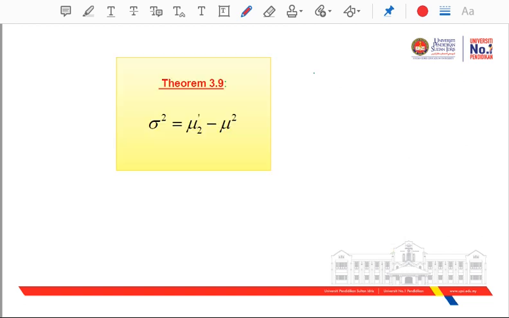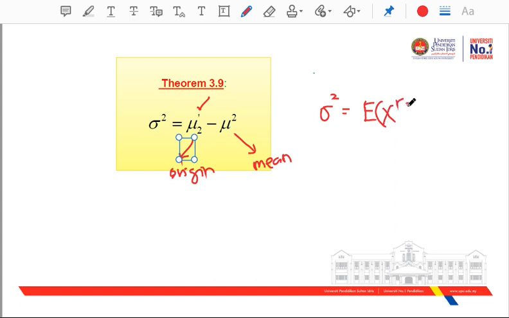Okay, so what is this actually? This is actually moment about the origin. This one is origin, why? We have this prime. And this one is moment about the mean, which when you write it down is basically E[X^r] with r equal to 2, minus mu square.